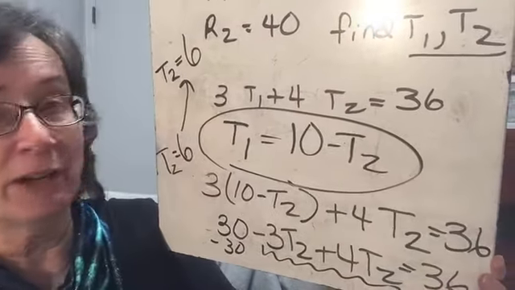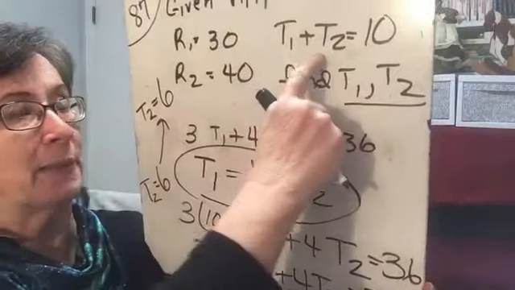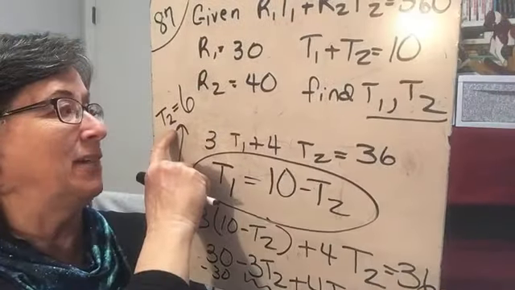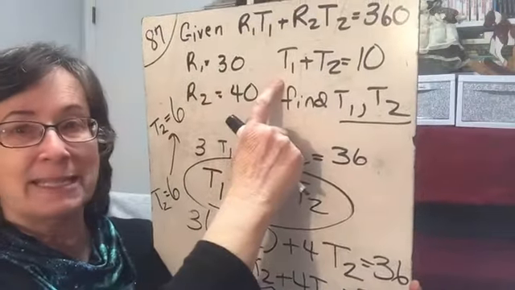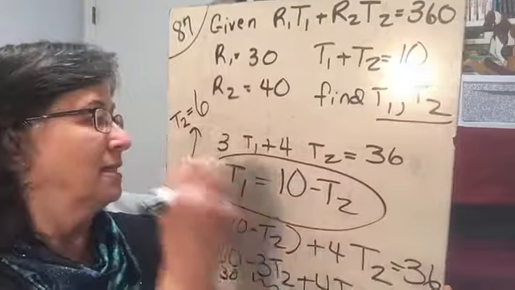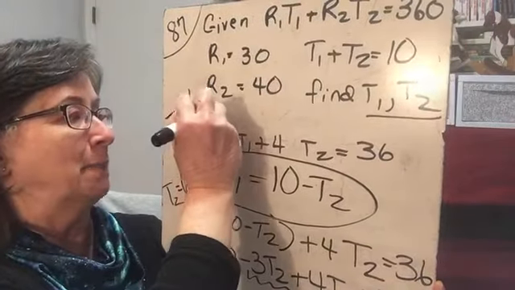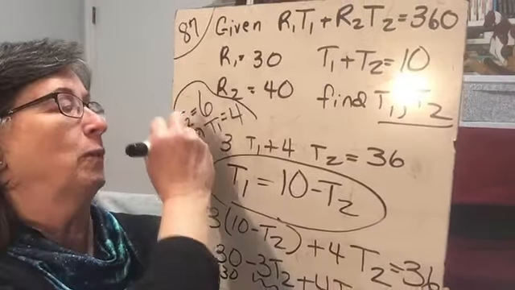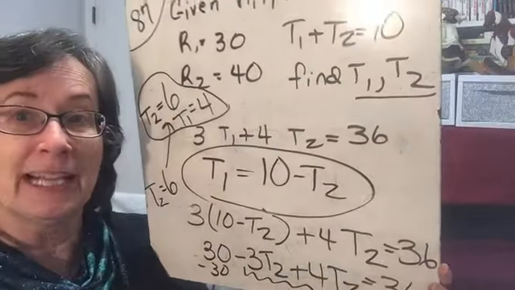And I can very quickly go back up here and find out if T2 is 6, then what does T1 have to be? Something plus 6 is 10. So we know T1 must be equal to 4, and we have our equation. But let's check it.